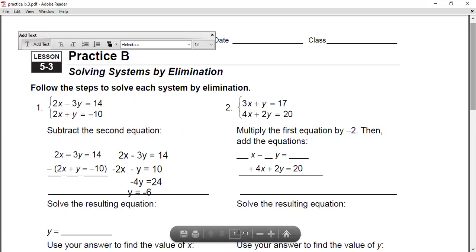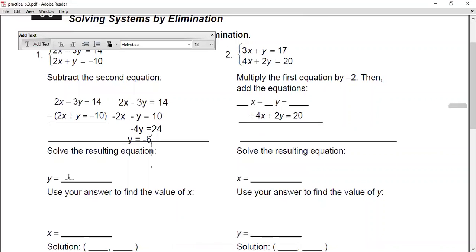Now that we got y is equal to negative 6, let's use that in the other equation to find the answer for x. I will use the first equation: 2x minus 3y equals 14. In place of y, I will replace it with negative 6.